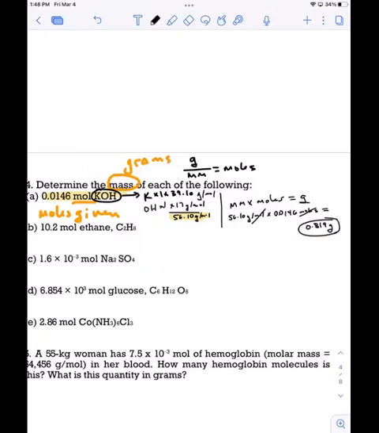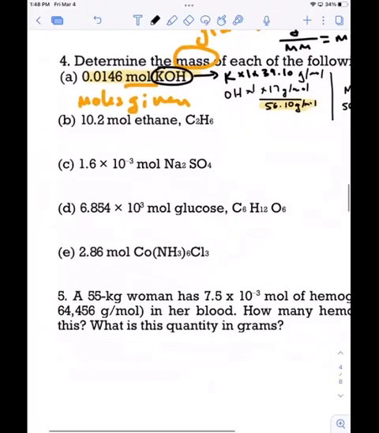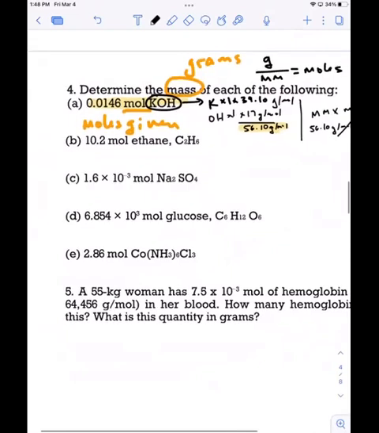All right, let's do one more. And it's asking for the mass. Let's do D. It's giving us 6.854 times 10 to the third moles of glucose.